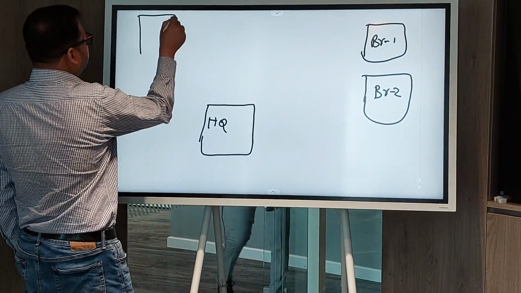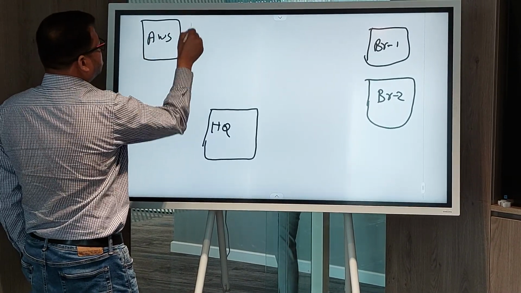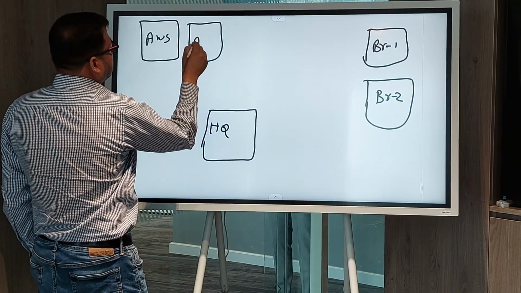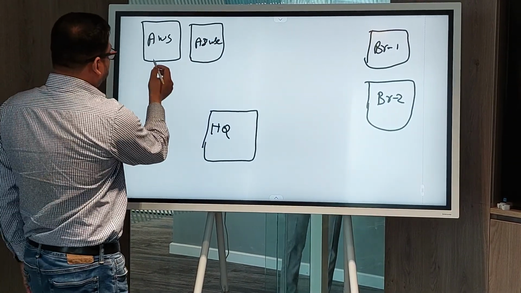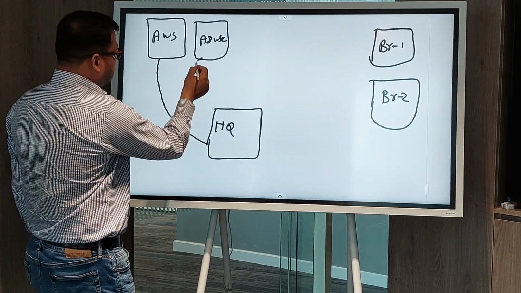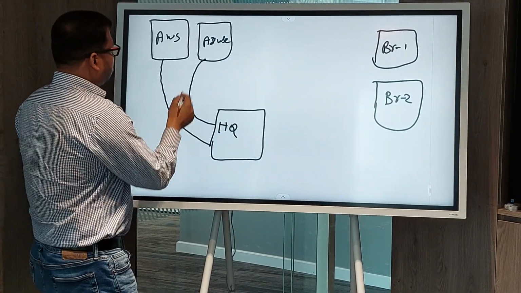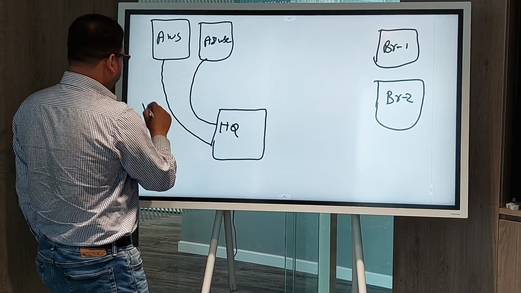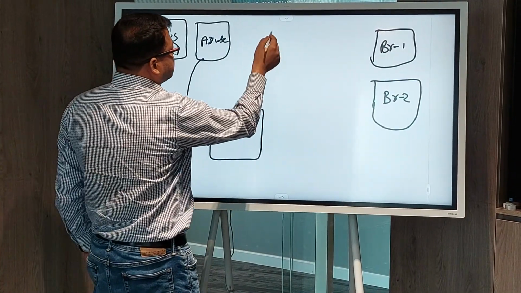Then we will have the public cloud services, AWS, Azure, and they will be connected to the HQ using a direct connect or an express connectivity, or maybe a normal VPN.